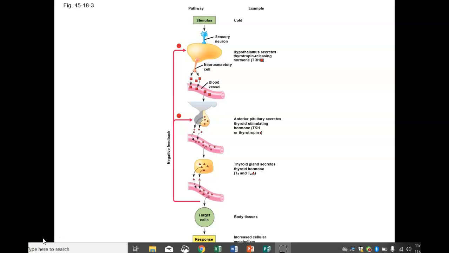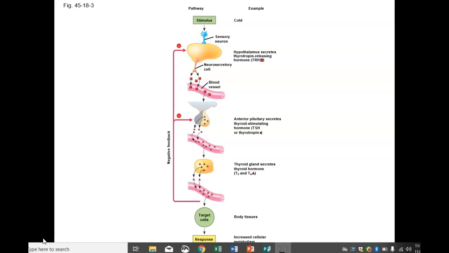At the same time, the anterior pituitary, which is also located in that deep animal brain, is going to release thyroid stimulating hormone, or TSH. These two hormones working together are going to then increase the cellular metabolism, and that's also going to cause shivering.